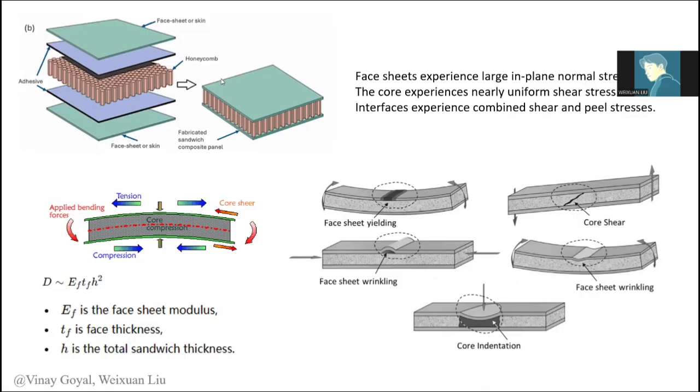In Abaqus, if we want to simulate this structure, we need to simulate the components one by one. The face sheet or the skin, we could simulate as solid elements, bulk materials. The core is often modeled as shell elements, and the face sheet can also be modeled as shell elements.